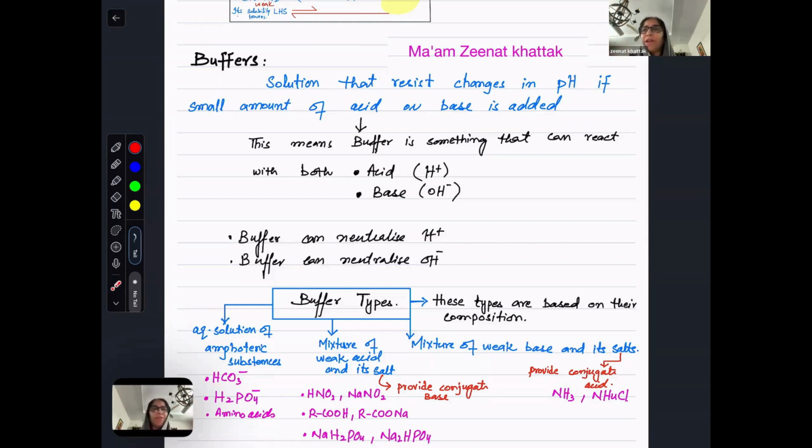So, to explain buffer, I'm going to do all this on a separate page, right? You know what a buffer is?